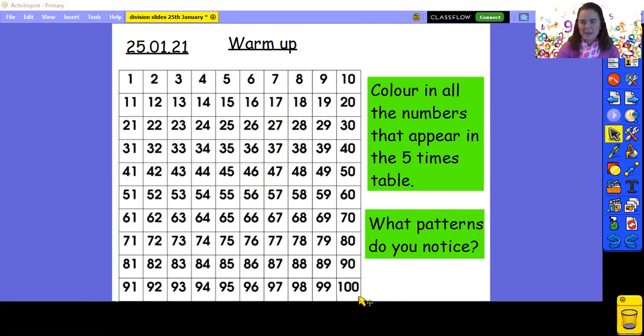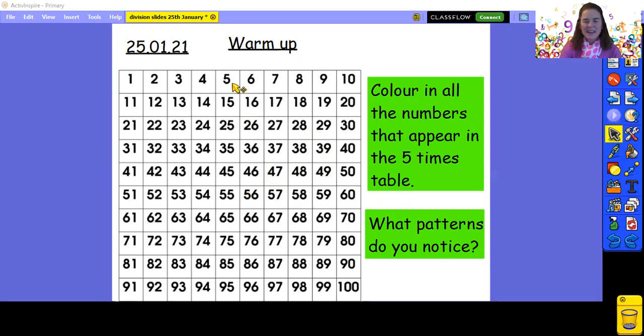Should we try counting backwards? Let's do it. 100, 95, 90, 85, 80, 75, 70, 65, 60, 55, 50, 45, 40, 35, 30, 25, 20, 15, 10, 5. Well done.